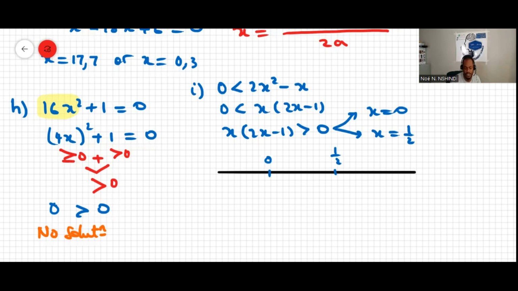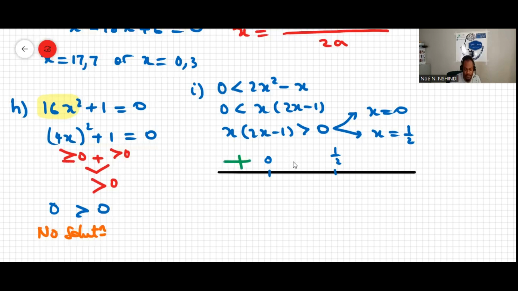Now, if we look at this interval from negative infinity to 0, okay, what number can I take here? If I take a number like -1, for instance, -1 here, -1 there, negative and negative would make it positive. So this can be positive.